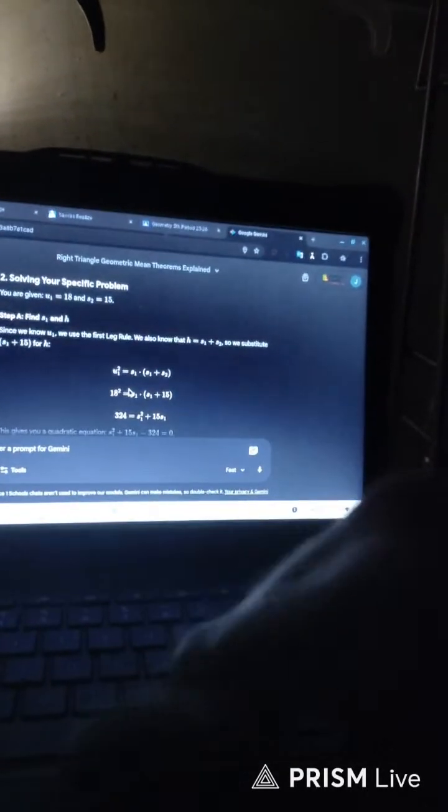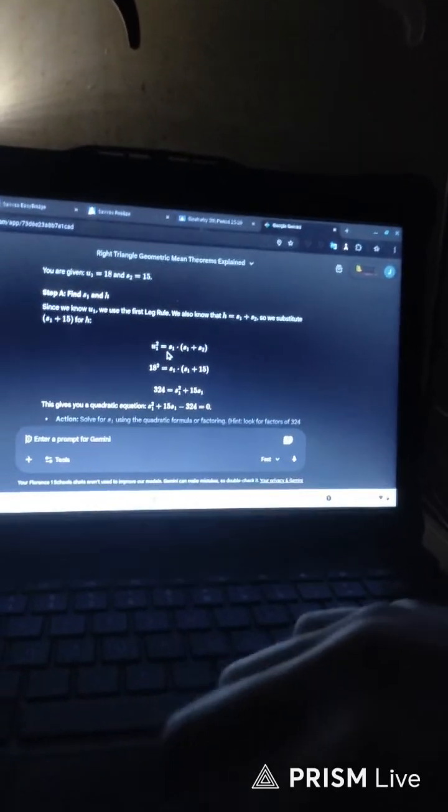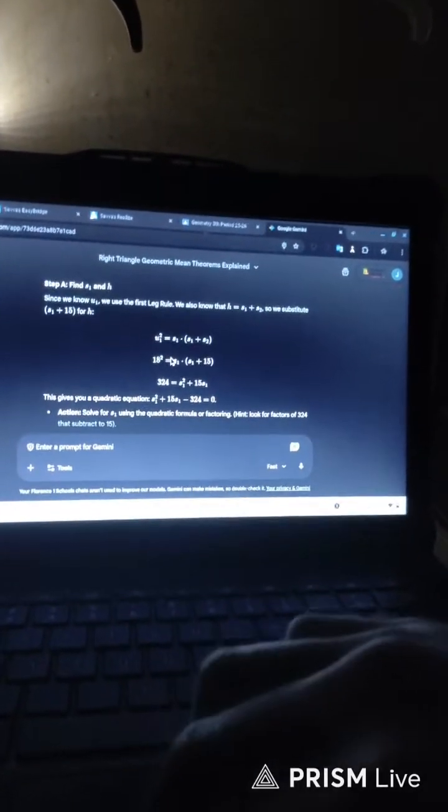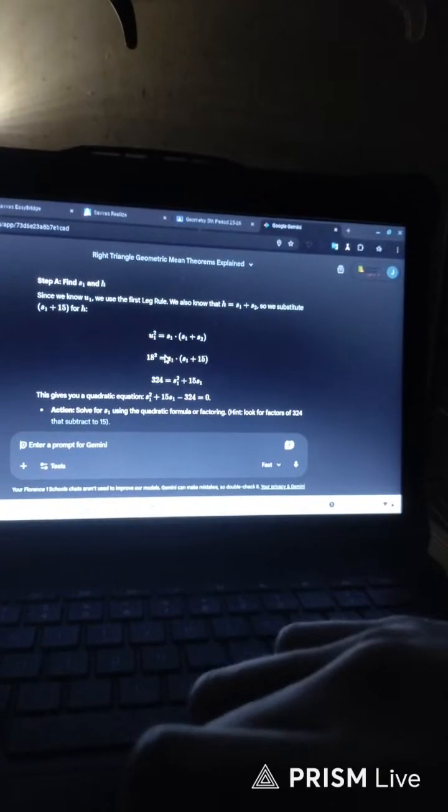We also know that H equals S1 plus S2, so we substitute S1 plus 15 for H. So U1 squared equals S1 times S1 plus S2. 18 squared equals S1 times S1 plus 15. Then 324 equals S1 squared plus 15S1.